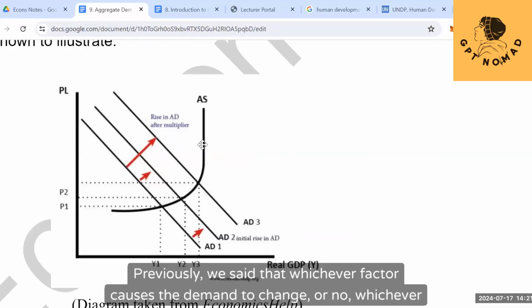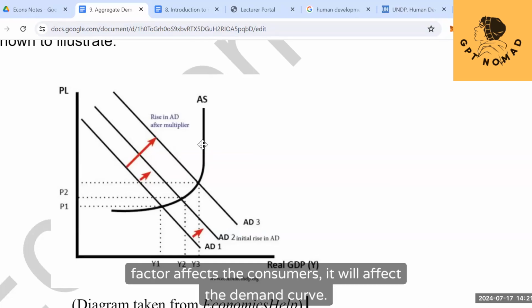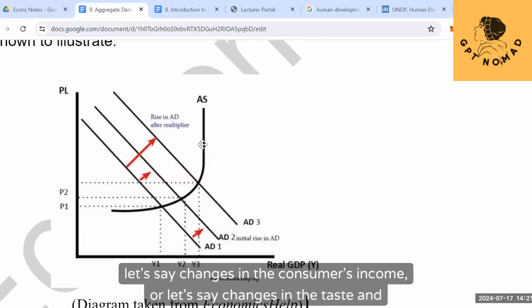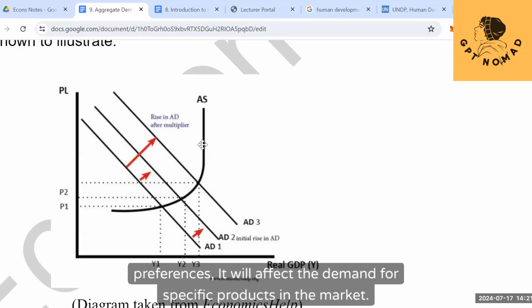Previously, we said that whichever factor affects the consumers will affect the demand curve. Let's say changes in the consumer's income, or changes in tastes and preferences, right? It will affect the demand for specific products in the markets.